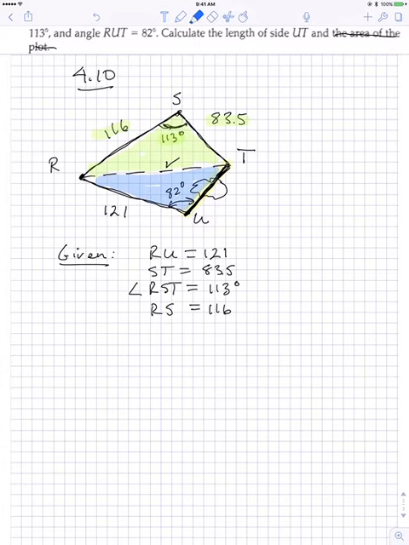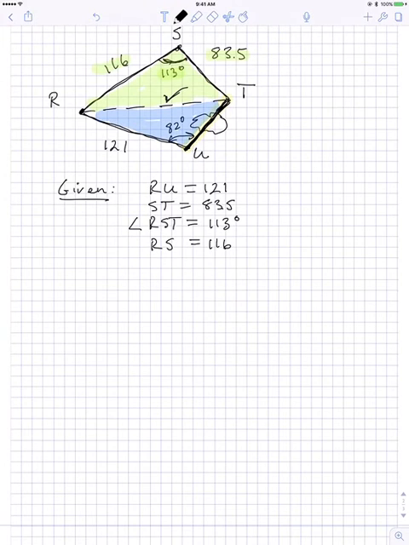With the blue triangle, we don't know UT and we don't know RT. So we use the information from the green triangle to solve for RT, then we have enough information to solve for UT. That's the path to the solution. So we're going to use the law of cosines.